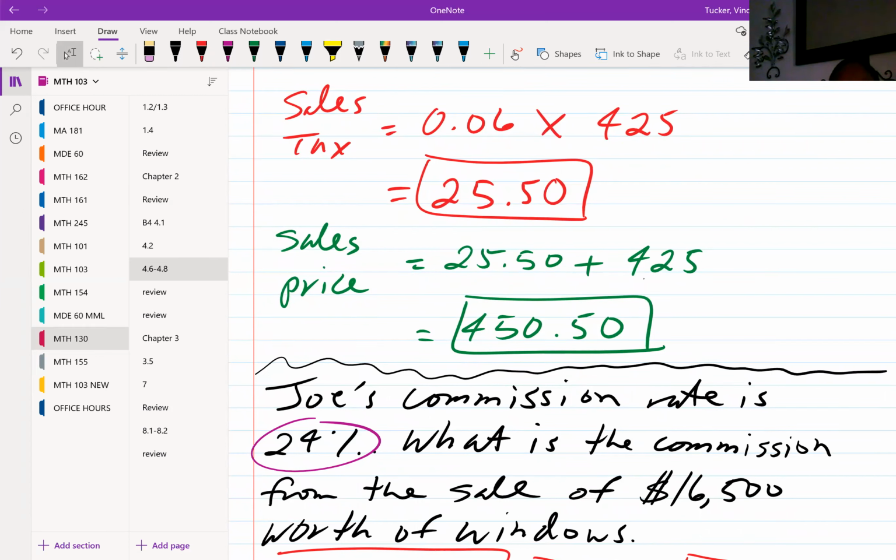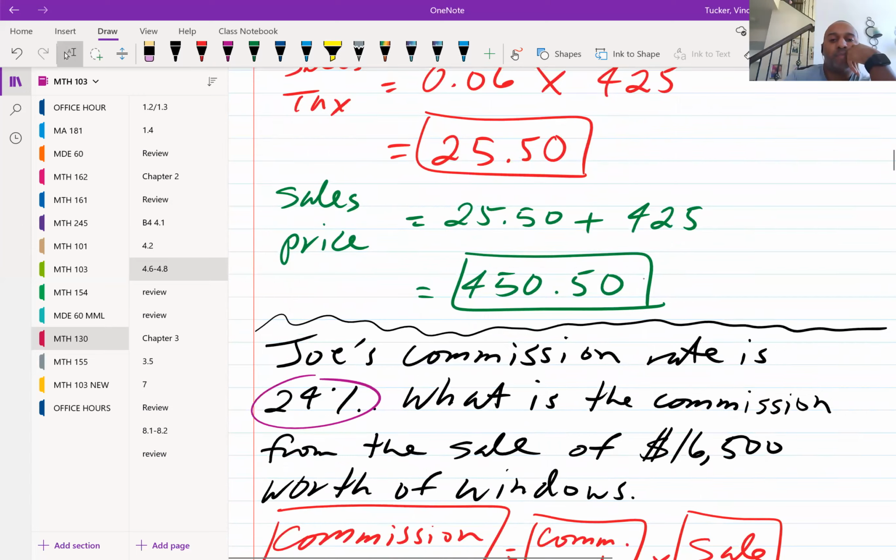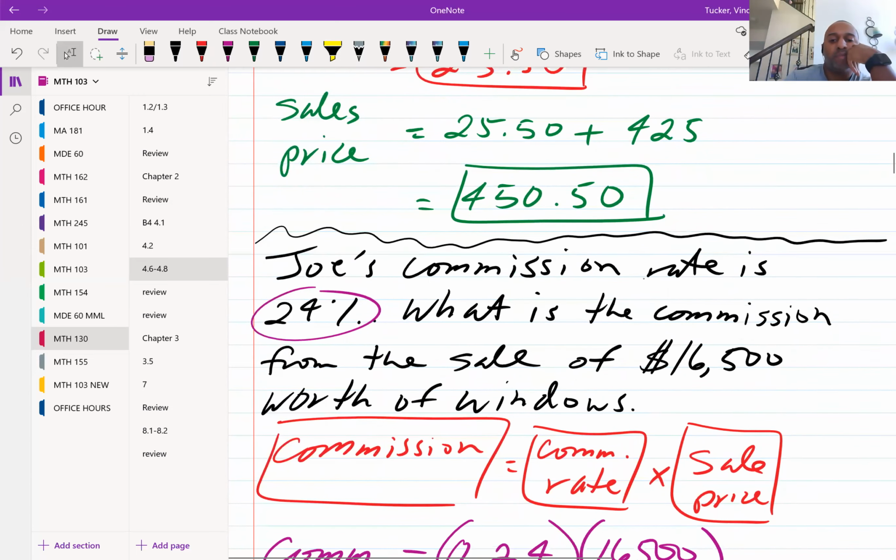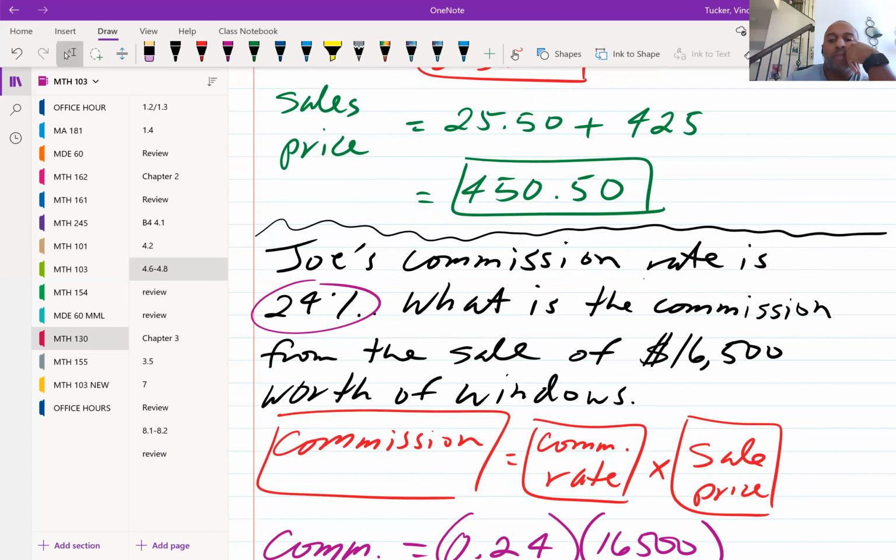All right, so the next one: Joe's commission rate is 24%. What is the commission from the sale of $16,500 worth of windows? So here's our formula. You want to calculate the commission: you do your commission rate times the sale price.